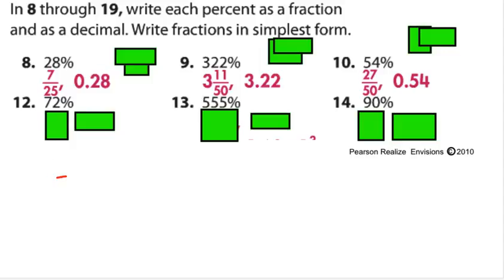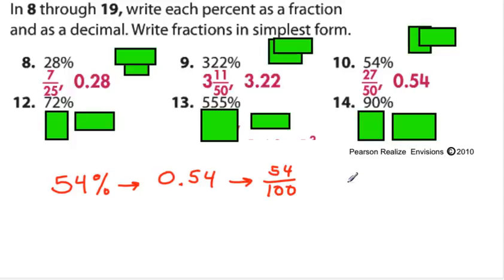Okay, we started out with 54%. And what we want to do is turn that into a decimal. So we would have 54/100. And then 54/100 as a fraction would be 54 over 100.